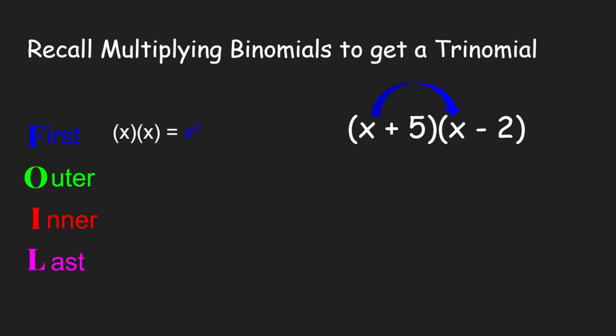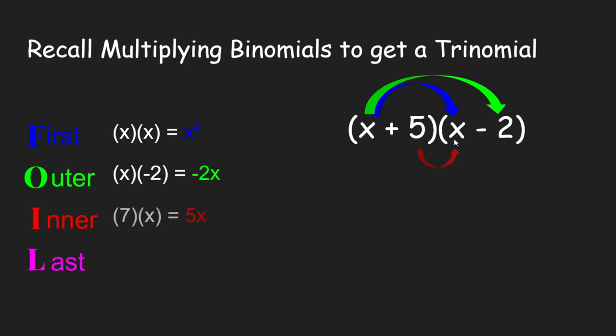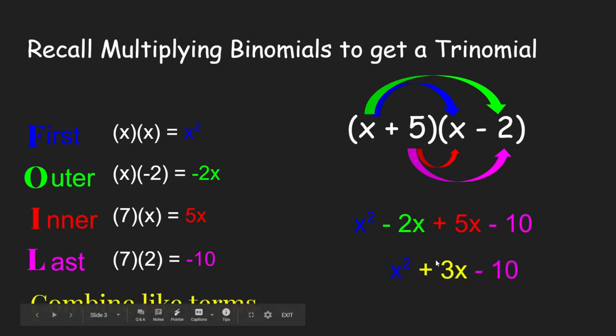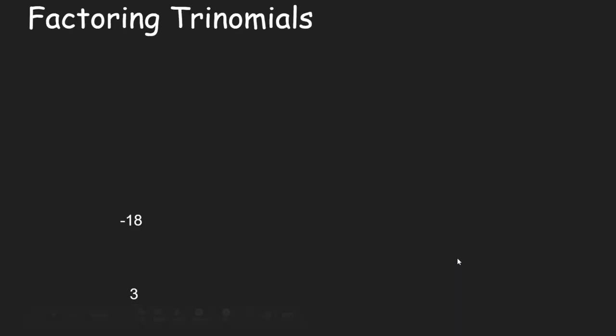If we multiply our outer terms, x times negative 2, we'll get negative 2x. Our inner terms, 5 times x, gives us 5x. And 5 times negative 2 gives us negative 10. Then we write it out: x squared, negative 2x plus 5x minus 10, and combining like terms gives us positive 3x.